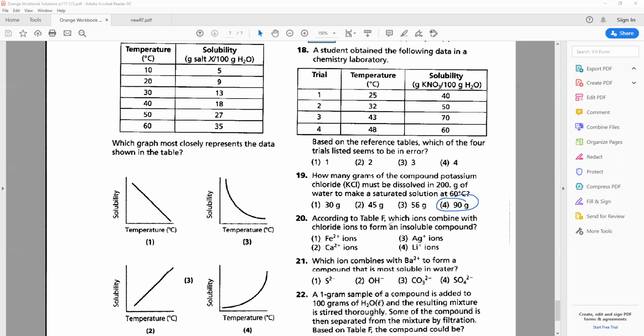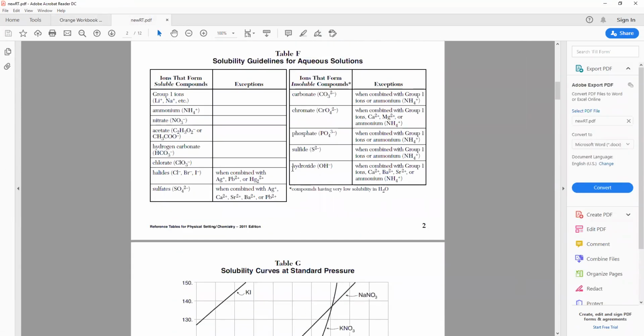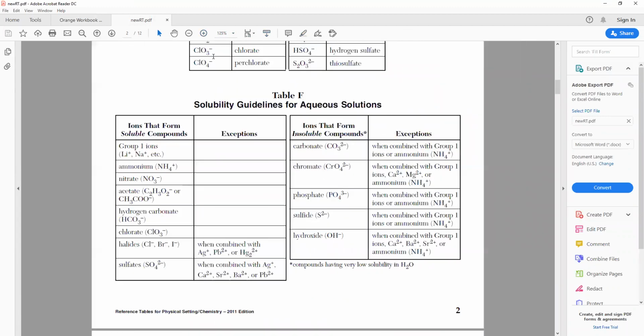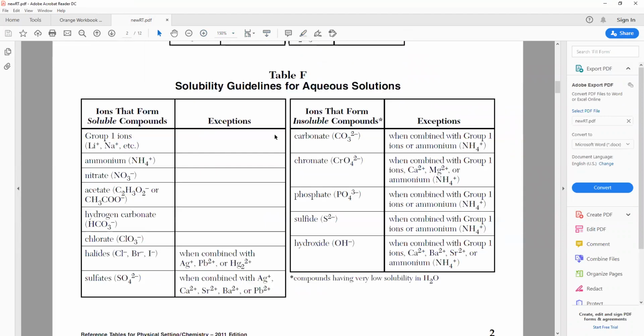According to table F, which ions combine to form an insoluble compound with a chloride ion? So let's go to our reference table F. What you should have on this reference table is this.